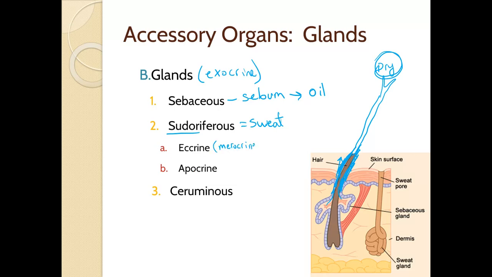And if you remember from way back when we talked about this, merocrine is just regular secretions. This is just your normal sweat. So think of your watery, a little bit salty sweat that you produce basically everywhere. Just about every single part of your skin can produce it. So I always think E and everywhere, E for eccrine. So this is your most common, found everywhere, normal sweat.